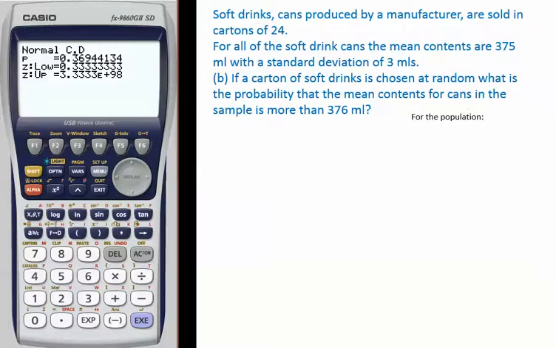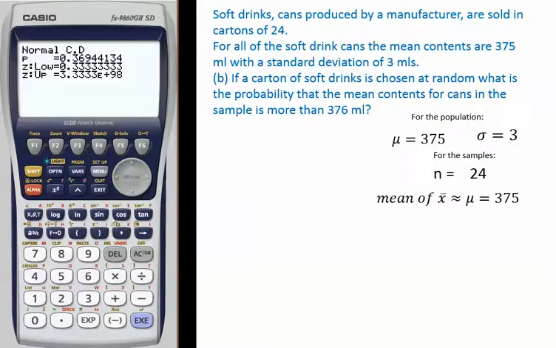Let's just refresh our memory. For the population, the mean is 375. The standard deviation is 3. Now for the samples, they're of size 24, so n equals 24. And we're interested in the mean contents. Well, the mean of the means of samples is the population mean.